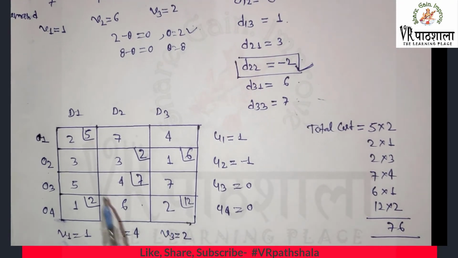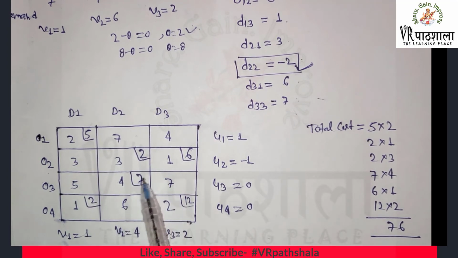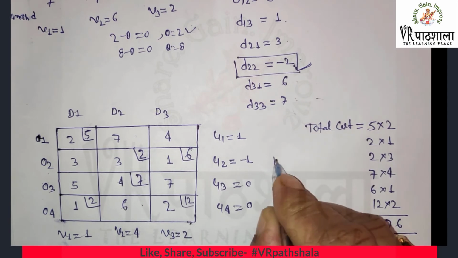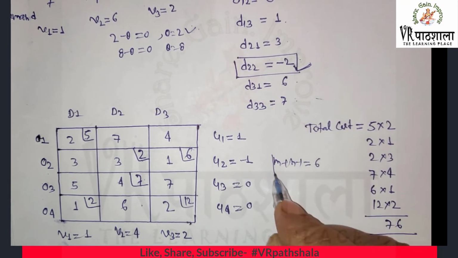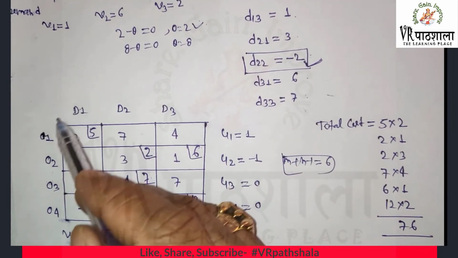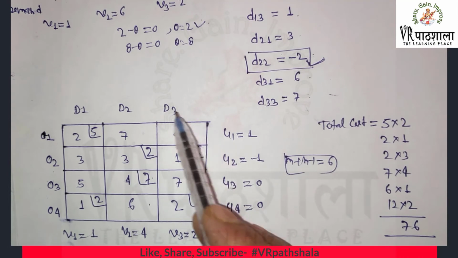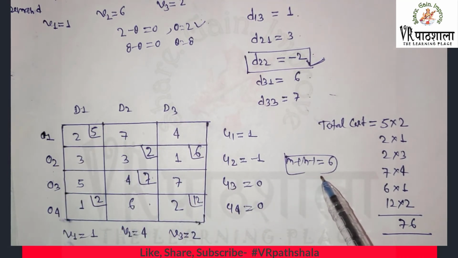Now the number of allocations are 1, 2, 3, 4, 5, 6. The number of allocations is m plus n minus 1, that is 6. So the feasible solution in this step is a basic feasible solution.